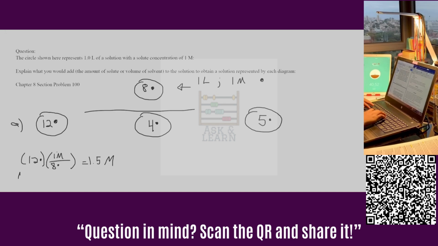So we need to add more solute. So add 1 mole of solute because it's in 1 liter, 1 mole per liter. Or no, excuse me, not 1, 0.5. We've already got 1 mole. So add 0.5 more moles of the solute to bring it from 1 mole per liter up to 1.5. Okay, that's for A. What about B?